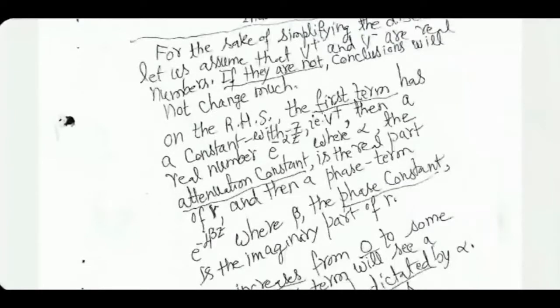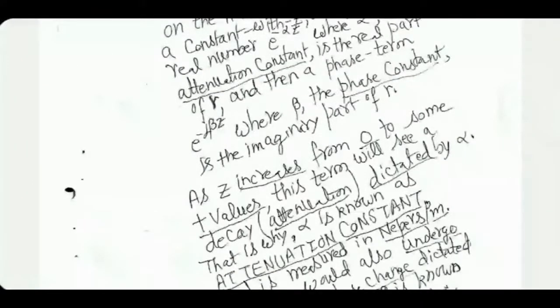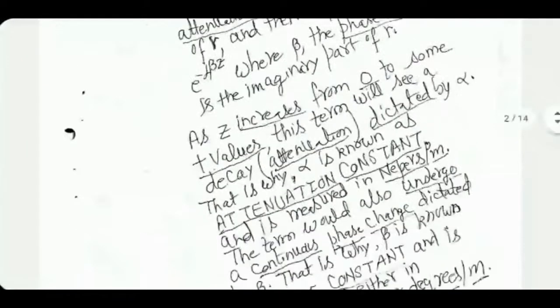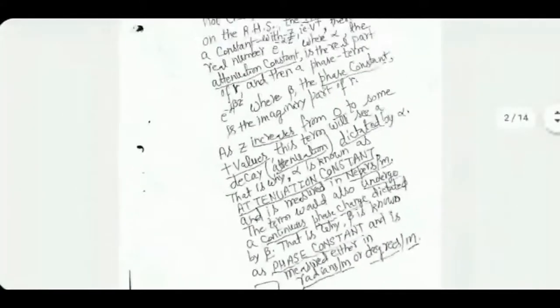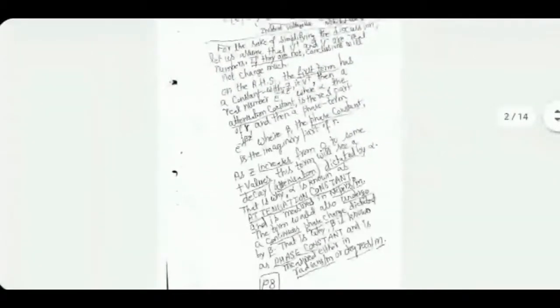And beta will determine the manner in which the phase shift will be introduced in this term. Beta can be measured in radians per meter or also degrees per meter.